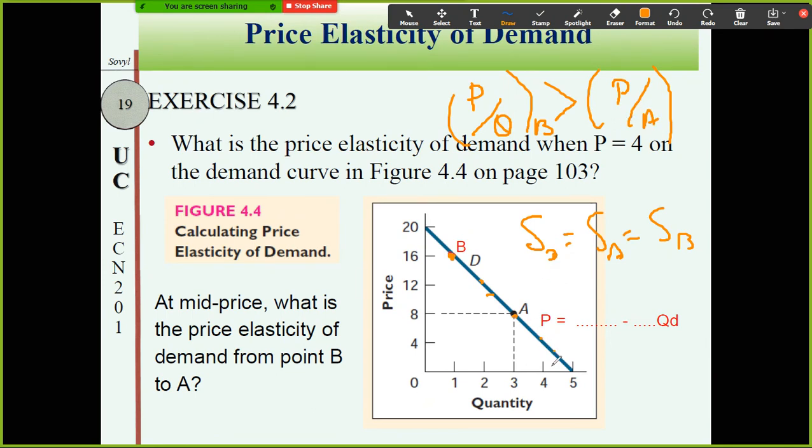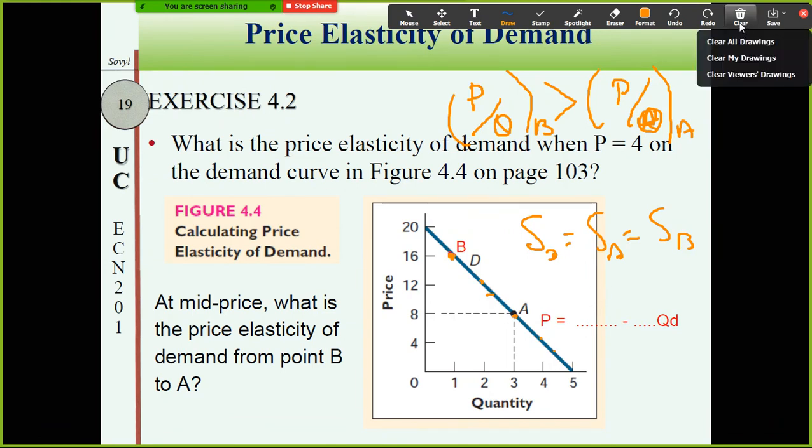However, if we move along the demand curve from bottom to top, it becomes bigger. Just say along downward: if we move downward along our demand curve, the upper point's P over Q is bigger than P over Q of the lower point.